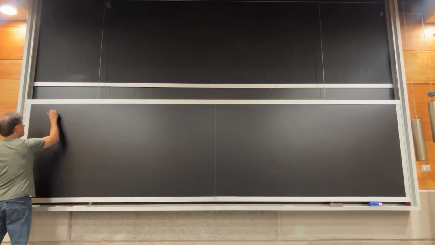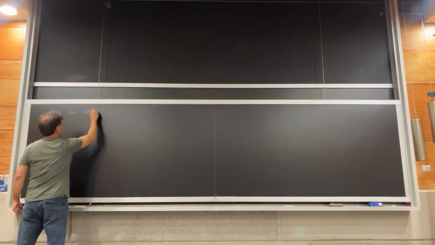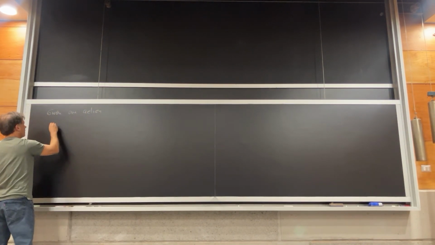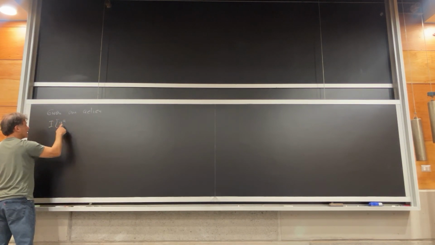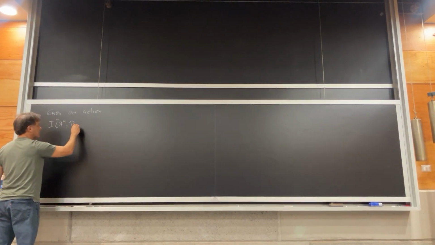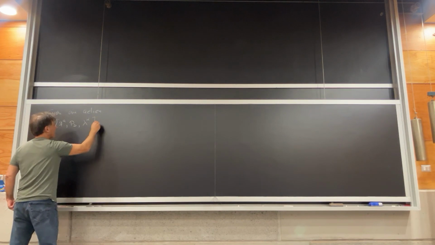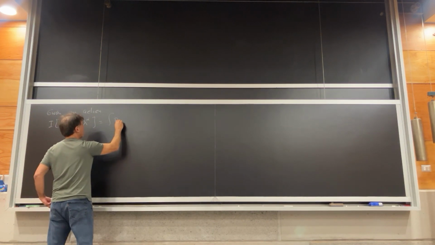So given an action, this is a Hamiltonian action, so it has some coordinates Q^A, some momenta, and Lagrange multipliers.